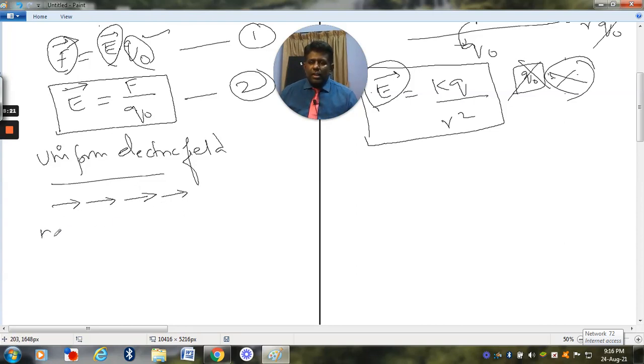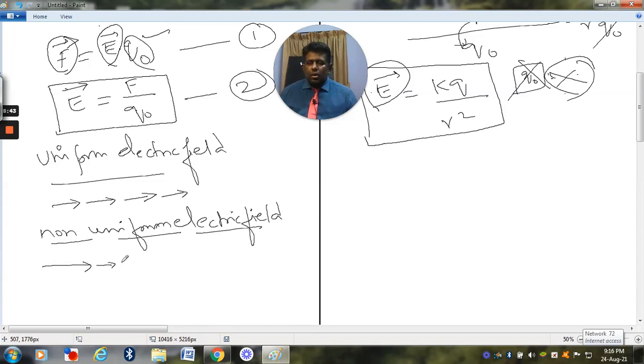For non-uniform electric field, there are various examples. For non-uniform electric field, see, the magnitude of the field lines will vary.